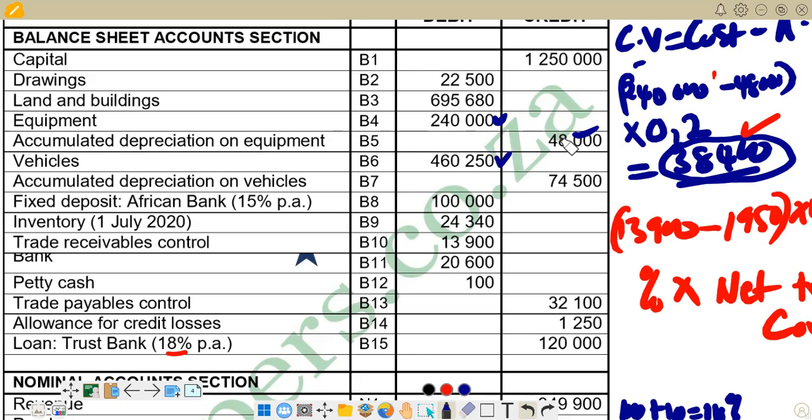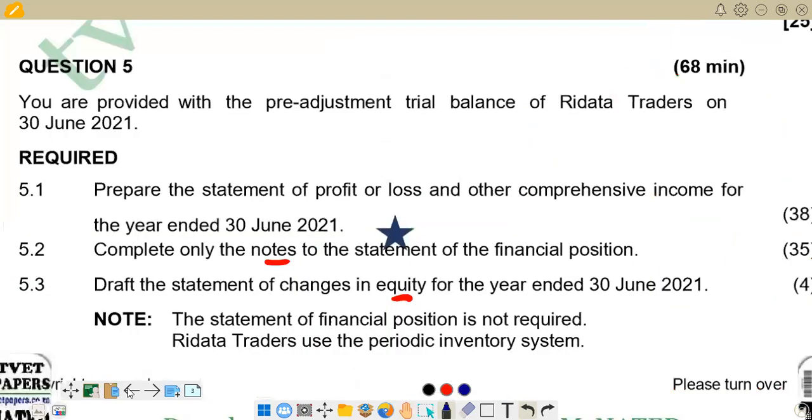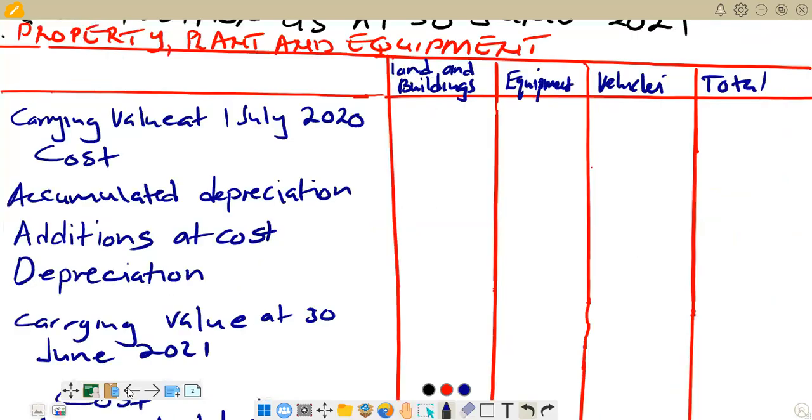Then we subtract now the carrying value at the end of equipment. We are going to say 240 cost minus the total accumulated depreciation after adding this one to get the carrying value. So basically, we can just go and summarize that for equipment. So we are now on equipment here. We are saying cost, we had 240 at the beginning.